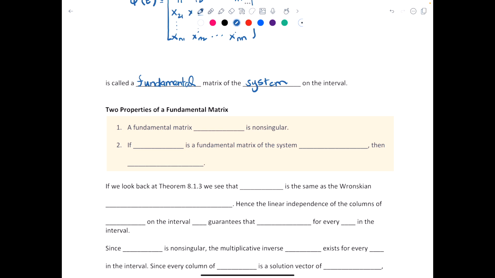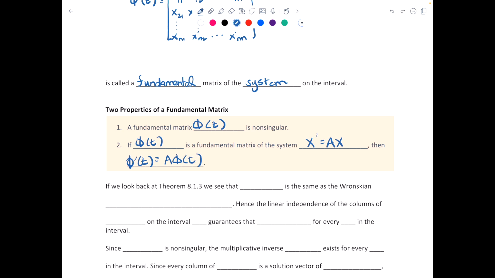Now, two properties of a fundamental matrix that we will use. A fundamental matrix phi of t is non-singular. And if phi of t is a fundamental matrix of the system x prime equals A times x, then it turns out that phi prime of t is equal to A times phi of t.